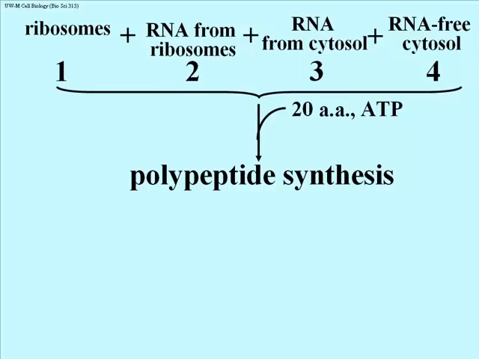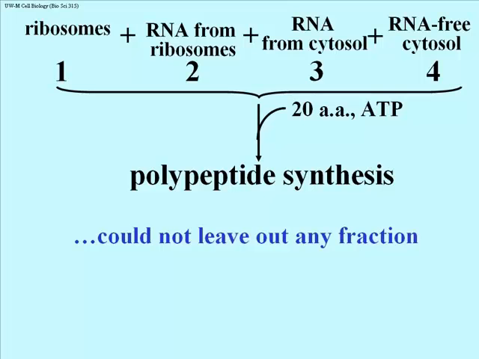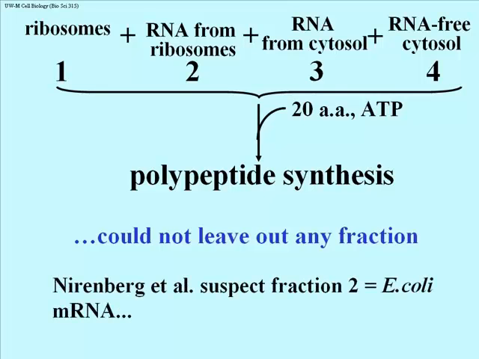At that point, adding ATP as a source of energy, free energy, for this process of protein synthesis, along with the 20 precursor monomer amino acids, he did get polypeptides. He did synthesize polypeptides, radioactive proteins, basically. So it turned out you couldn't leave out any fraction in this experiment.